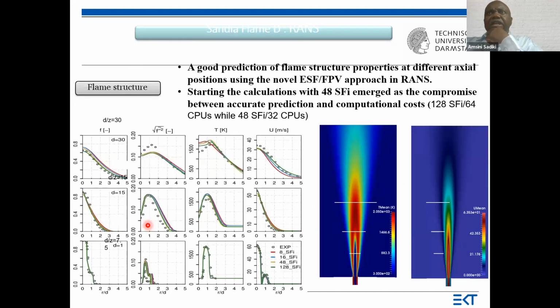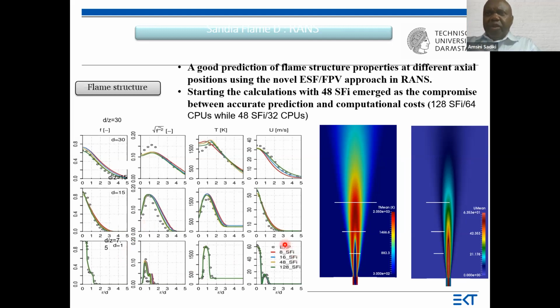So what is the outcome? The outcome is that we have to see the flame structure, and also we have to see which number of stochastic fields allows us to get the correct result.